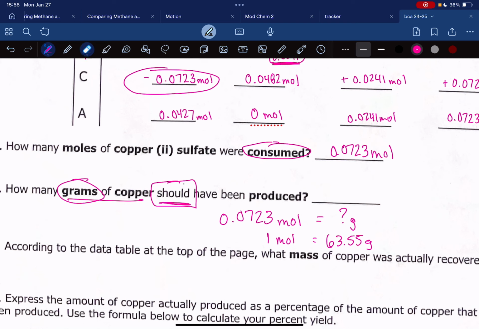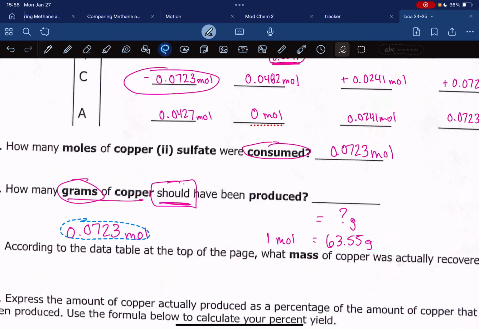Well, I want to show you something. Imagine for a second that instead of 0.0723 moles, I'll just put that over there, imagine we had 2 moles. How would you figure out how many grams are in 2 moles of copper? Of course, you would just multiply this number times 2.